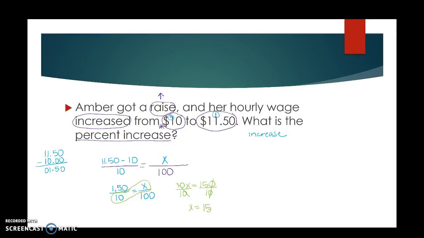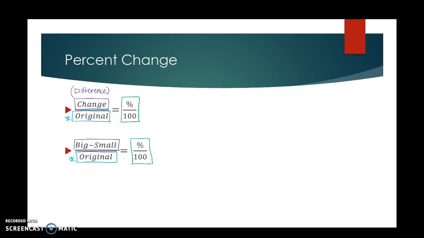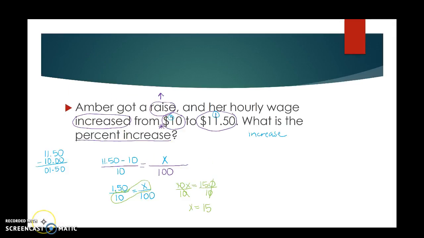So now let's go ahead and write our answer in the context of the problem. So here I see that it's a percent, right? We were looking for the percent. So Amber's wages, and did it get bigger or smaller?